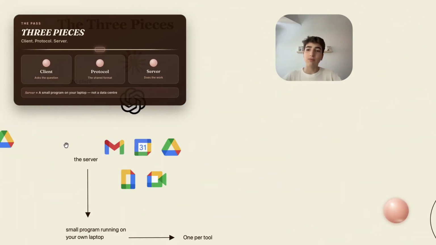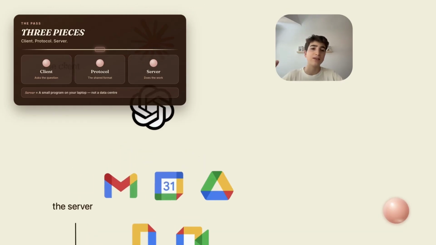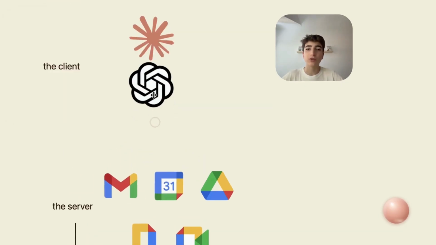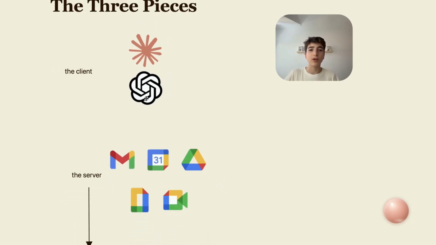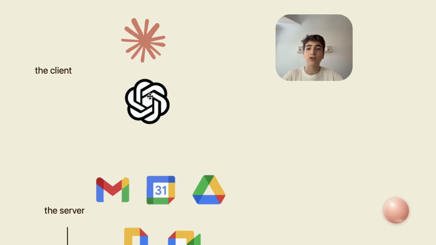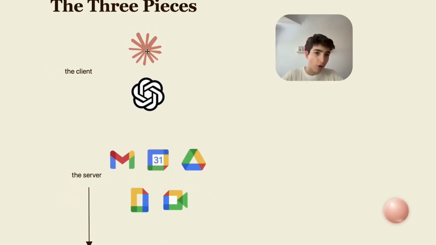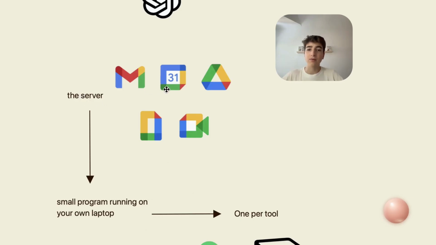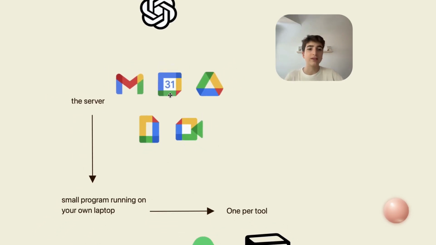Now we have three pieces: the client, which is the app you type into, like ChatGPT, Claude, Claude Code, Gemini, etc. And then we have the server, which is the tool you want to connect, the little connector program for one tool.